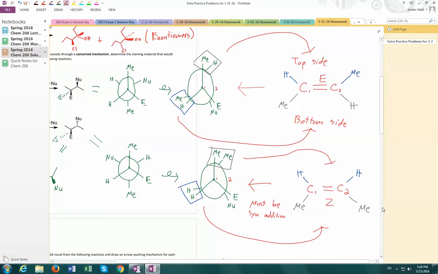Yeah? So, how do you determine the E or Z based on three substituents on an alkene? Yeah, absolutely.